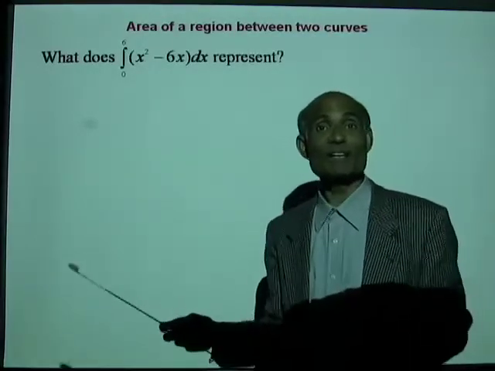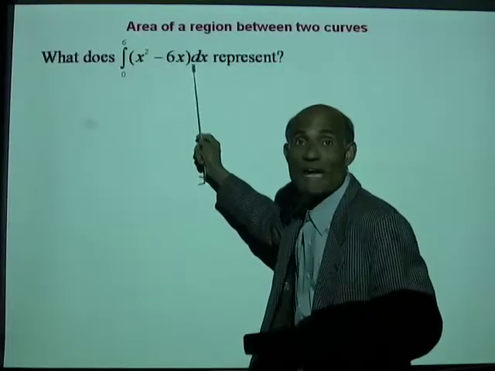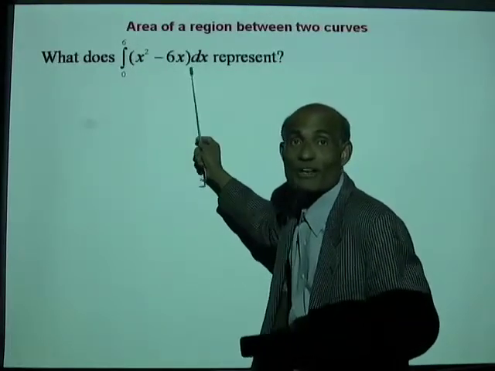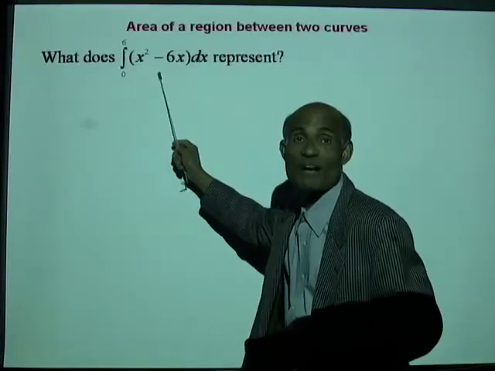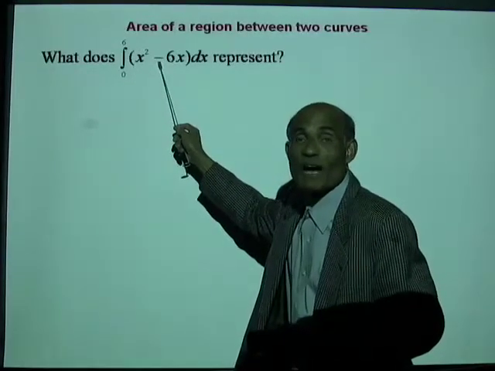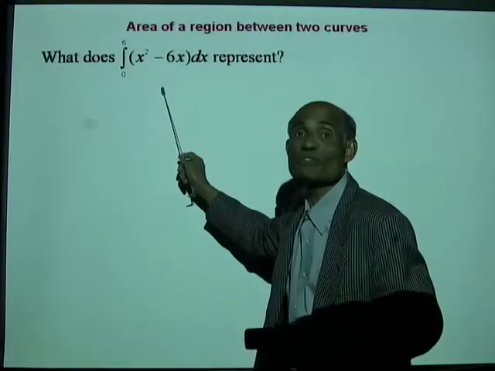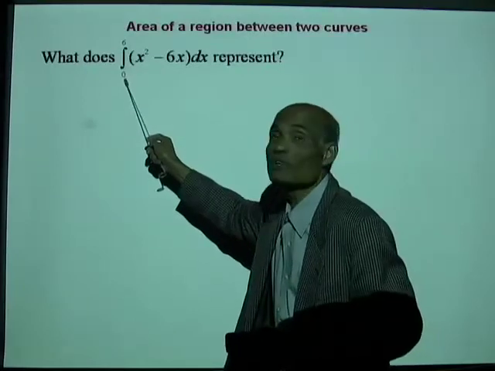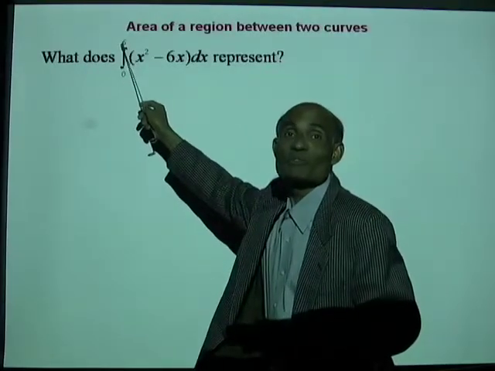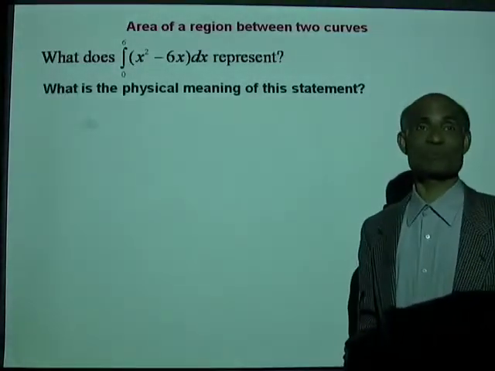Well, as we said earlier, it will represent the area enclosed by the graph of this function. Your f of x is x squared minus 6x. If you draw the graph of this and measure the area enclosed by the graph with the x-axis from x equal to 0 to x equal to 6, that will be a measure of that definite integral.